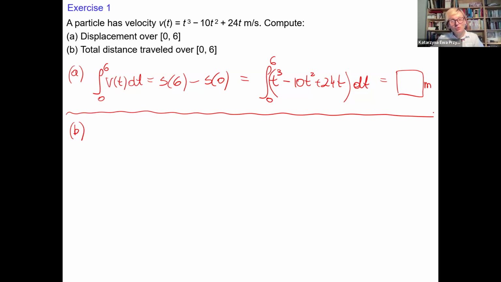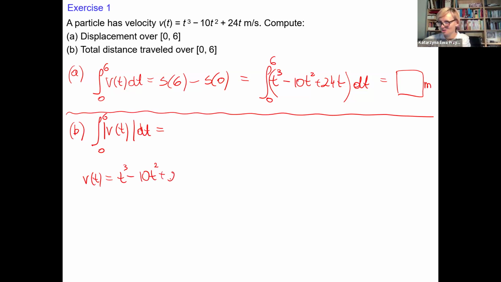What will you do? How can you find out where the velocity is positive, where it's negative? Because what we have to do is integrate the absolute value. Yes, we can solve for 0. Yes, that's really good. Okay, that means I will come back to this. Velocity is equal to t cubed, because wherever it is 0, it changes.